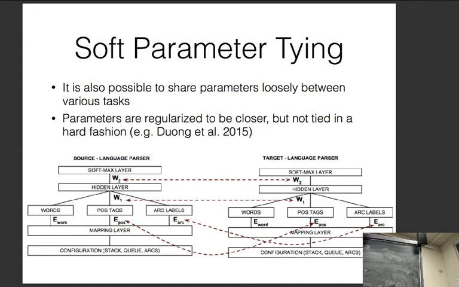The part-of-speech tag, arc label, hidden layer, and softmax layer are all regularized, so the parameters get to be close together. The words themselves, because this is a multilingual parsing task, are not made to be the same because you'll have different words in different languages.